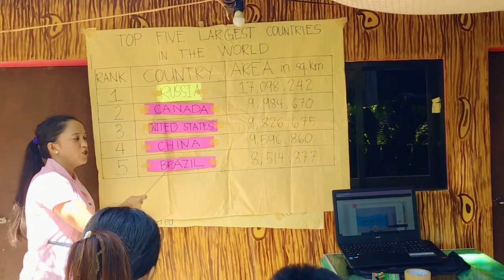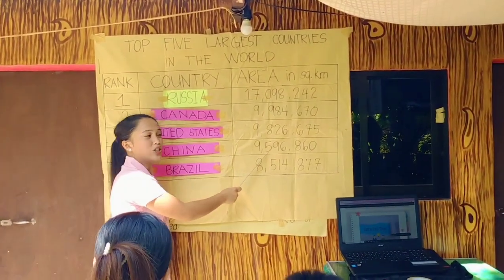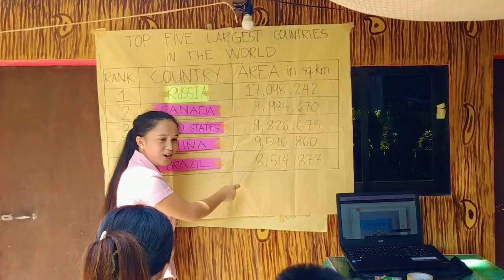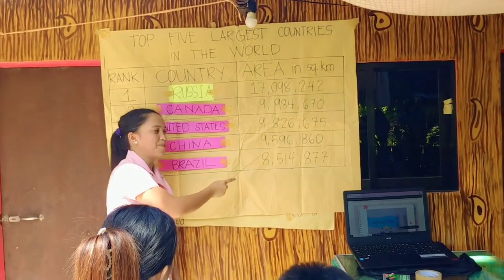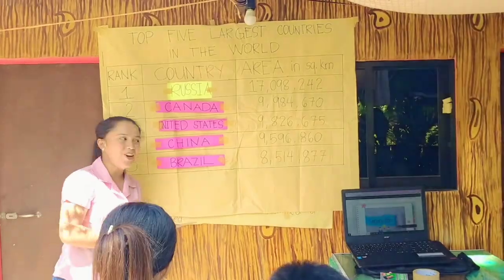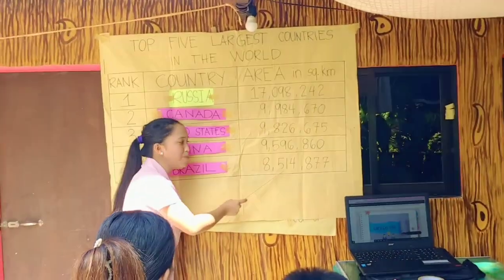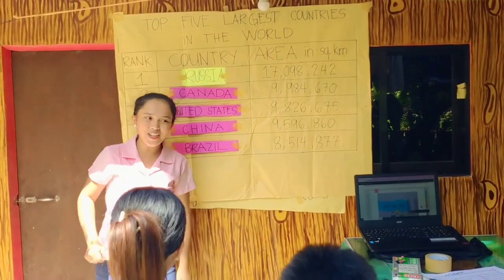Fourth rank, China, with a land area of 9,596,860. Fifth rank, Brazil, with a land area of 8,514,817. Are you ready, class?